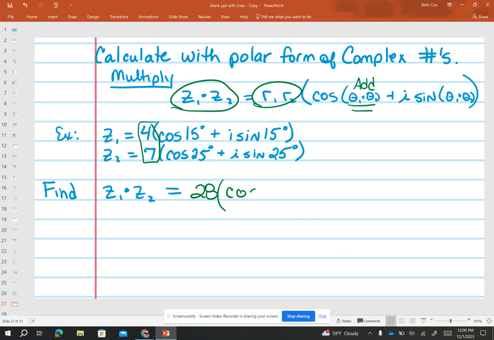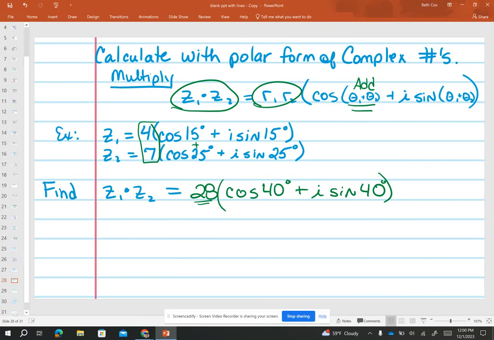So that's going to be 15 plus 25, so that'll be 40. And that is why we do this, because that is so much easier than anything else that we can do. So to multiply them, we literally multiply the r's and add the angles.